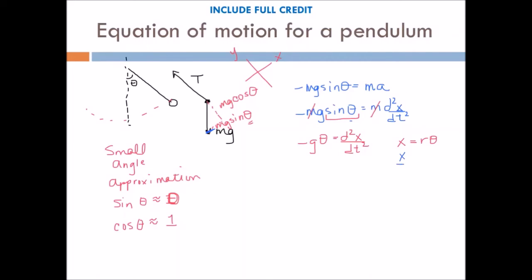So this is x over r gives me theta. So I'm going to replace theta with x over r. Now my r in this situation is going to be the length of the string. The reason for that is because the point at which the string is attached is technically considered my axis of rotation.